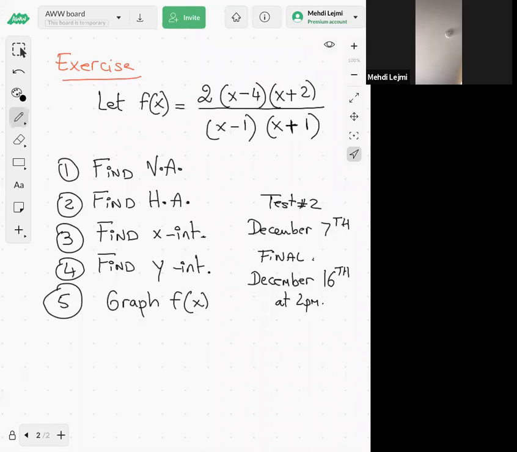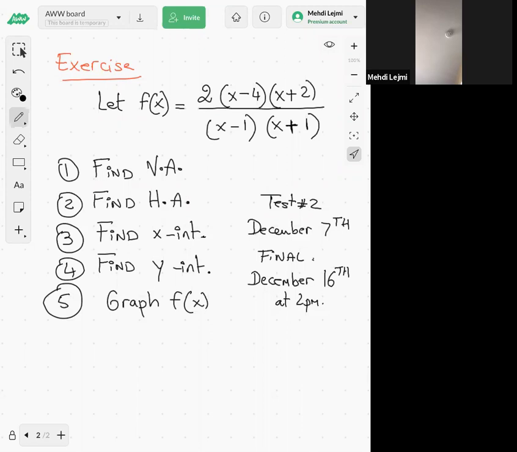The last day of classes, guys, is December 9th. So this semester is shorter by a week than the usual time.